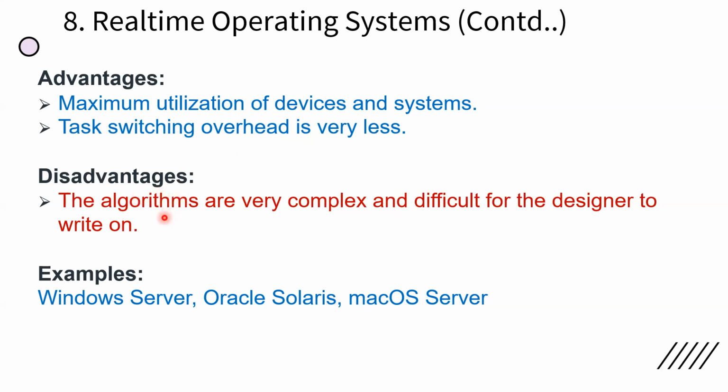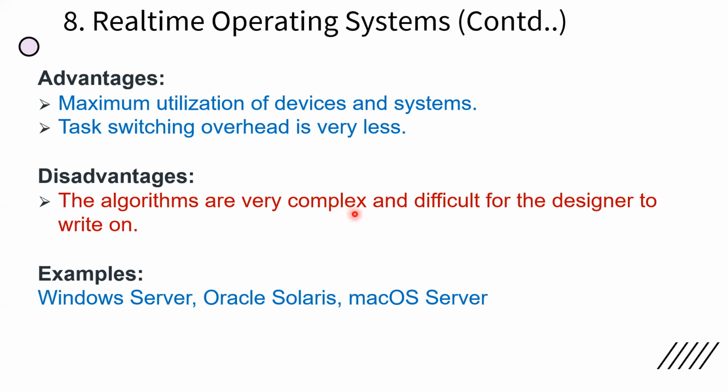Coming to the disadvantages, the algorithms are very complex and difficult for the designer to write. That means here the operating systems have to be so efficient that they have to capture the data in real time, and once the data is captured, they should be able to process it within the hard deadline and give the results without any errors.